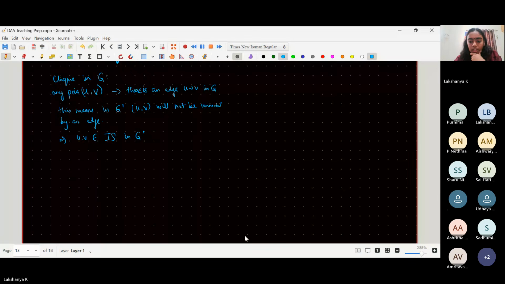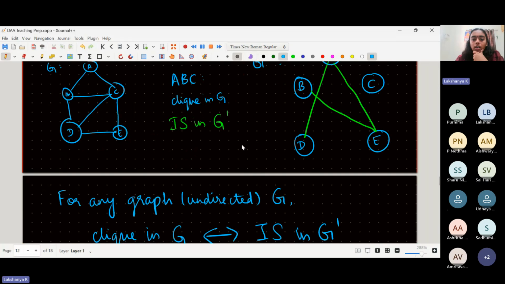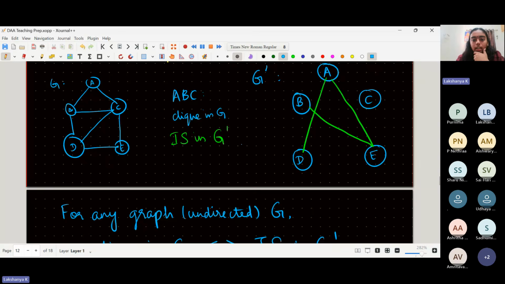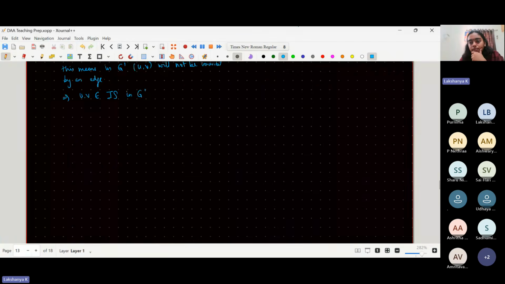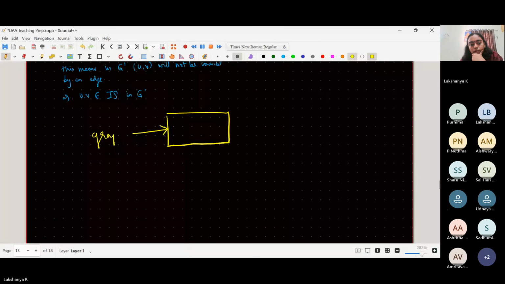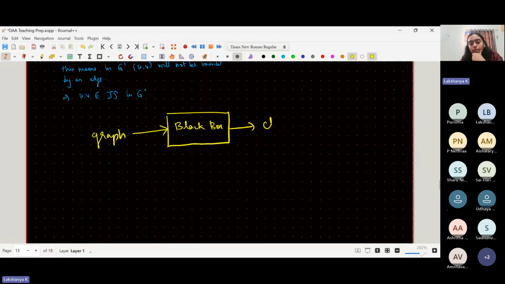Right. So using this fact, how do we exploit this property to solve independent set using clique? So now what do I have? I have a black box which will take a graph as input and give me the clique as output.